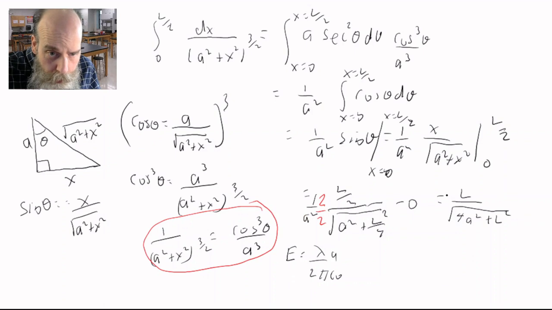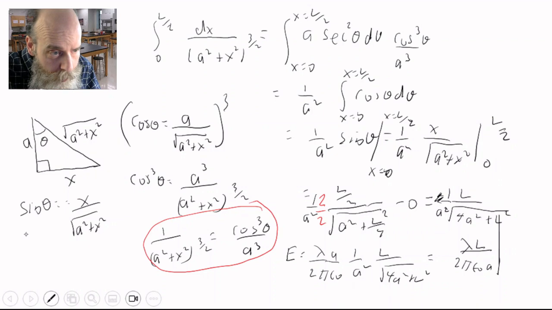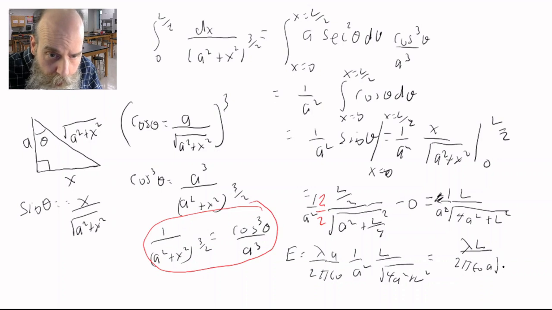So 1 over a squared, times 1 over a squared, L over 4a squared plus L squared, which is lambda L over 2 pi epsilon 0 a times square root 4a squared plus L squared.